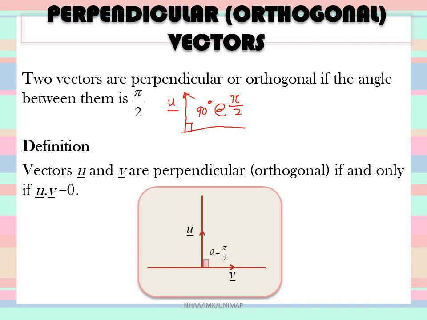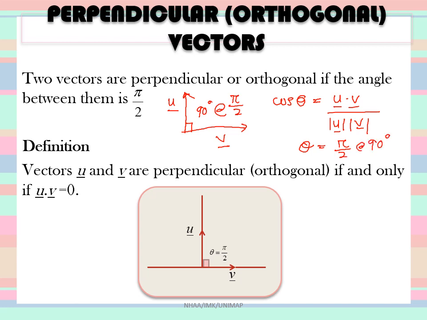So let's say this is u, this is vector v. When will this situation occur? This situation will occur when you apply the formula cos theta equals u dot v over the magnitude of u times the magnitude of v, and you find theta is pi over 2 or 90 degrees.